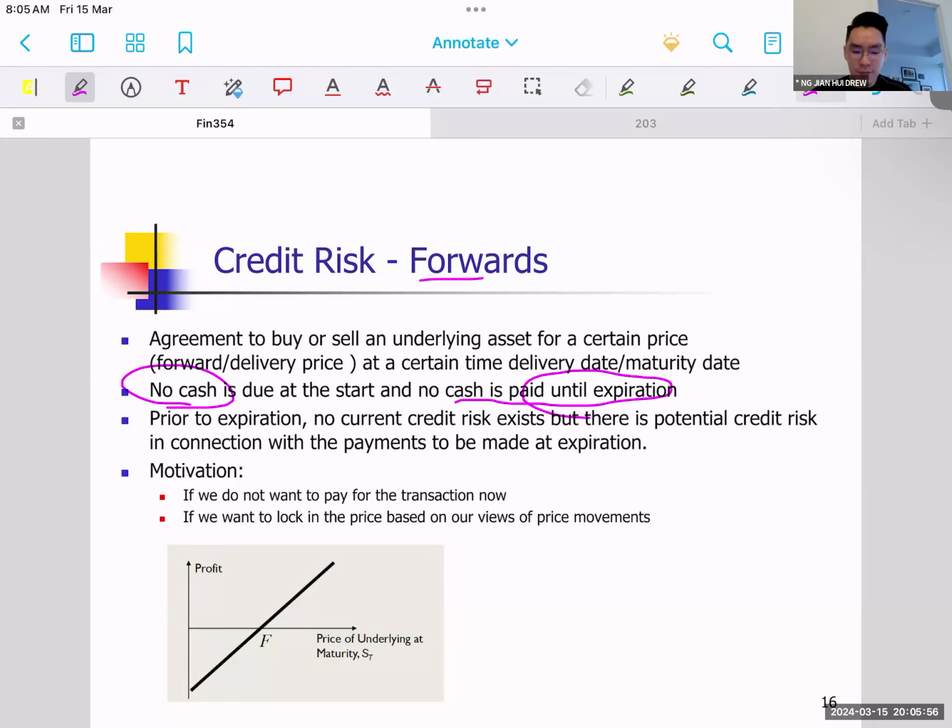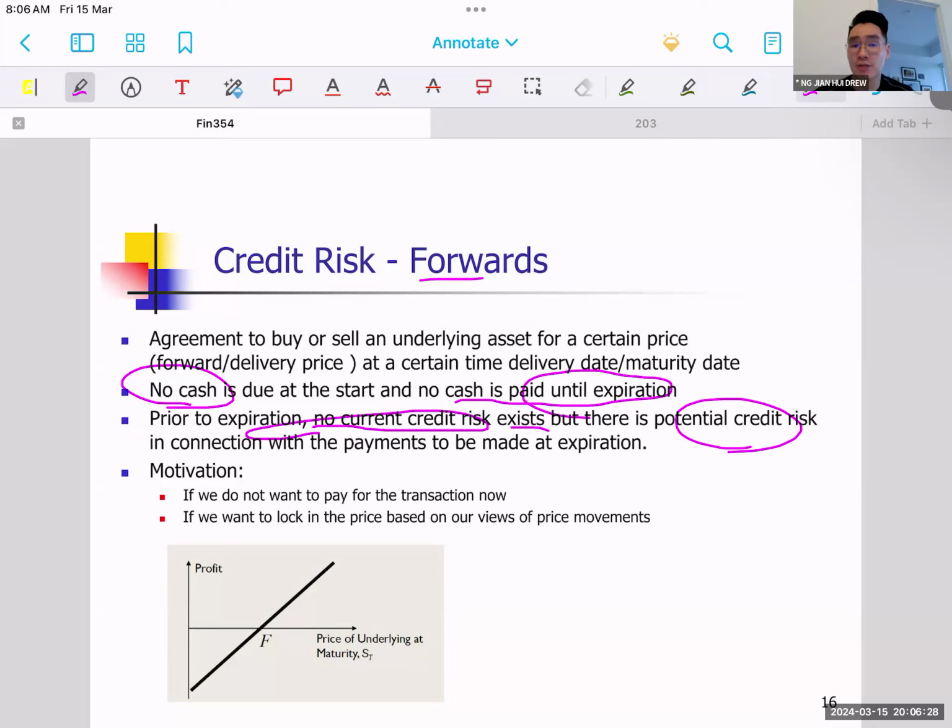The good thing about a forward, of course, like I mentioned, is there's no cash outflow at the start, and the transaction happens at the end. So prior to expiry, there's actually no credit risk that really exists. But of course, there is a potential risk at the end whether the forward seller can pay you, right? For example, if you buy a forward for Apple, let's just say the forward price for Apple is 190.